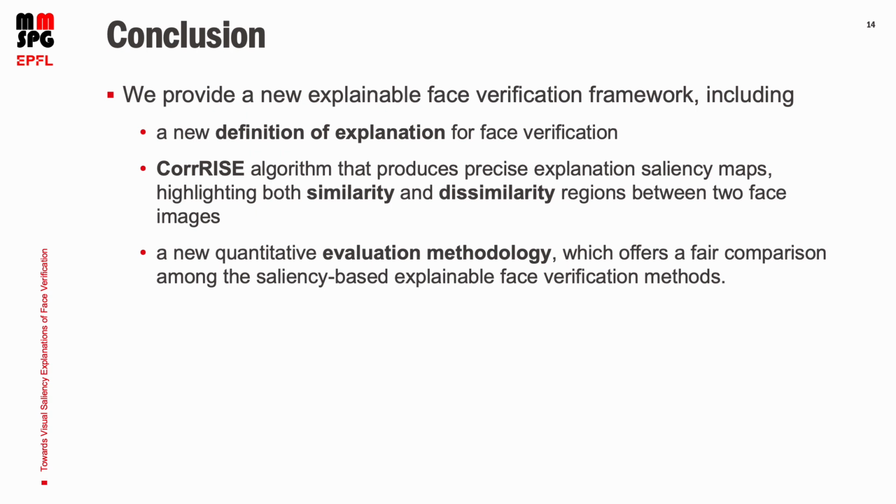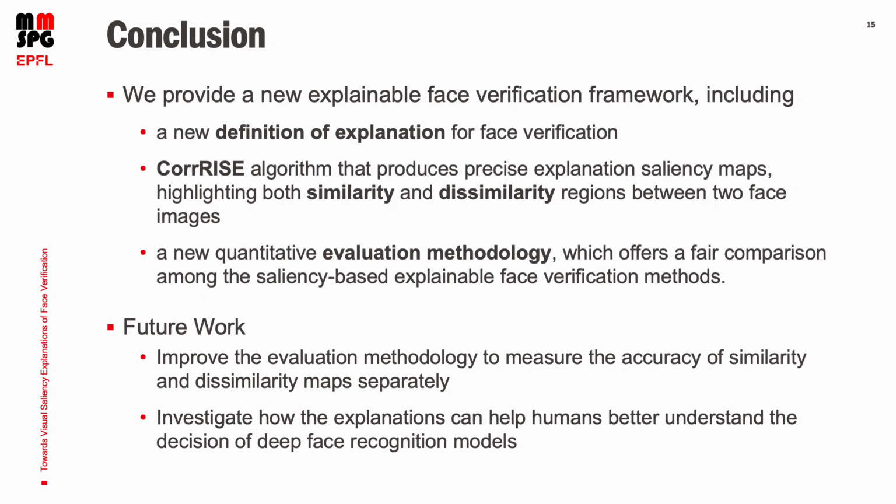Last but not least, we conceive a new quantitative evaluation methodology for general explainable face verification methods. In the future, we plan to further improve the evaluation methodology to measure the accuracy of similarity map and dissimilarity map separately. We also would like to investigate, by subjective experiments, whether the explanations can help humans better understand the decision of the deep face recognition models.